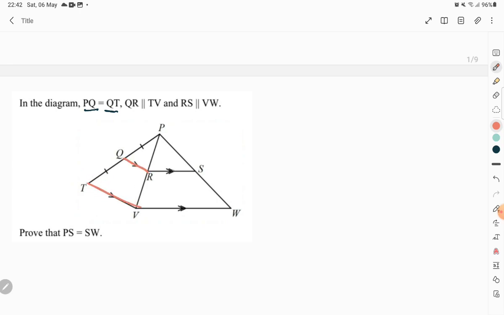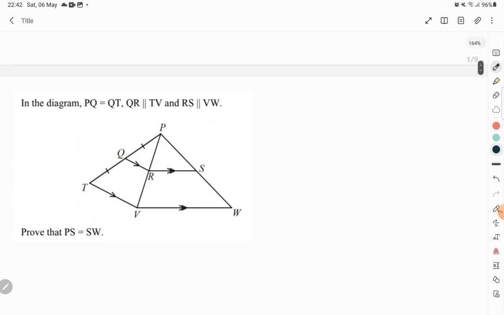So these lines are parallel to each other, and also these lines are parallel to each other. We have some parallel lines, and we also have Q that is the midpoint of PT. With that understanding, we can say PR is actually equal to RV.